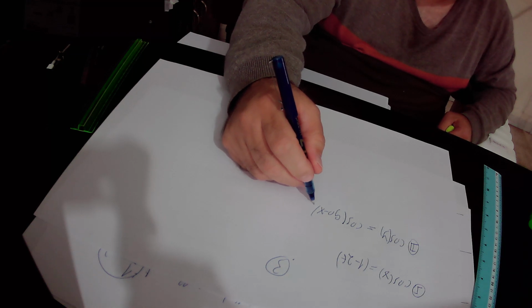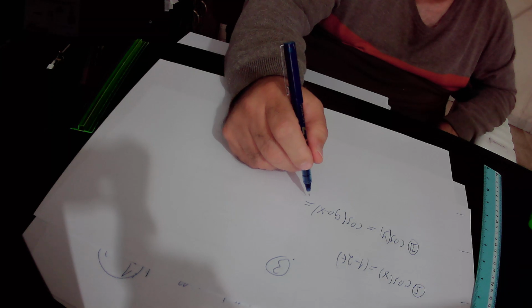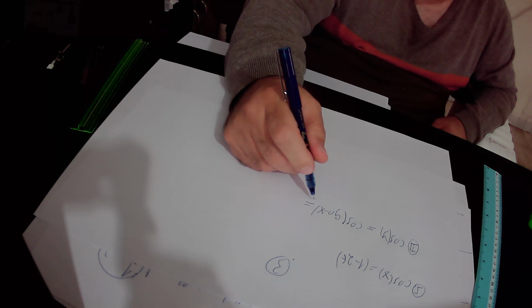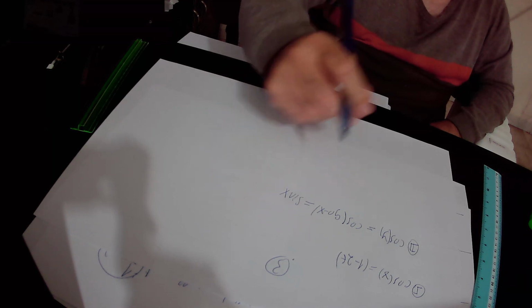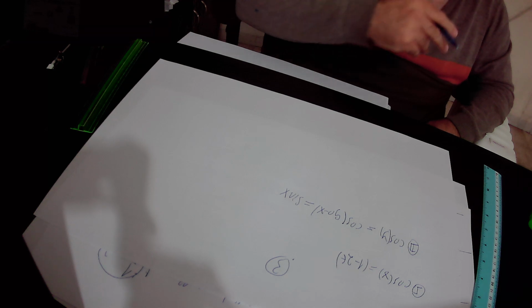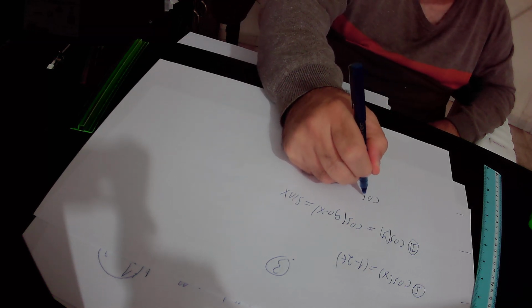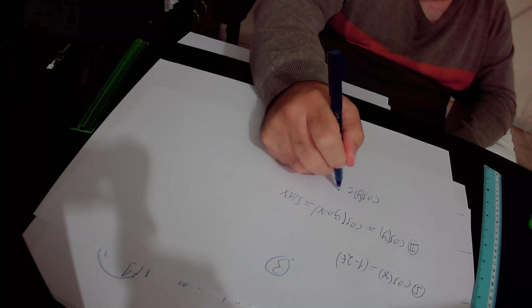And we have the trigonometric identity that cosine of 90 degrees minus x equals sine x. So in conclusion, we found out that according to equation number 2, cosine y equals sine x.